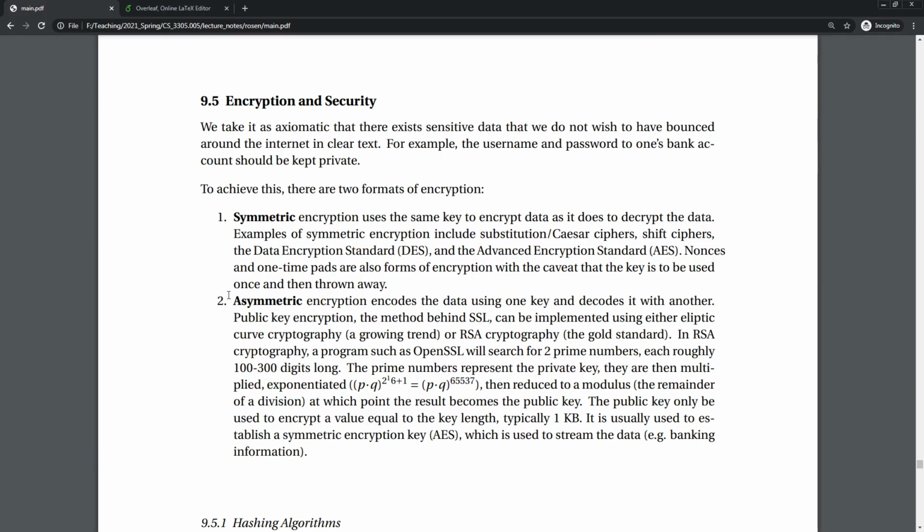And so asymmetric encryption is kind of the method that is behind Diffie-Hellman key exchanges and RSA encryption. And so we'll go over those in more detail, but the idea is that you can exchange public keys with another entity, and you multiply that with your private key.